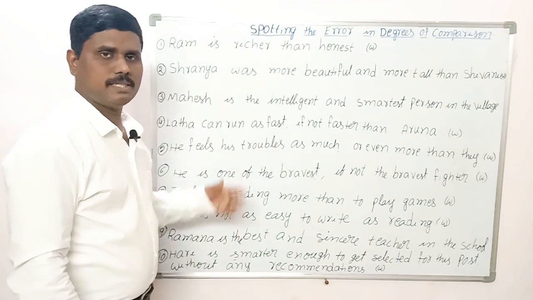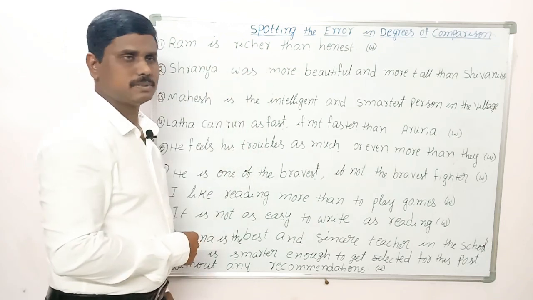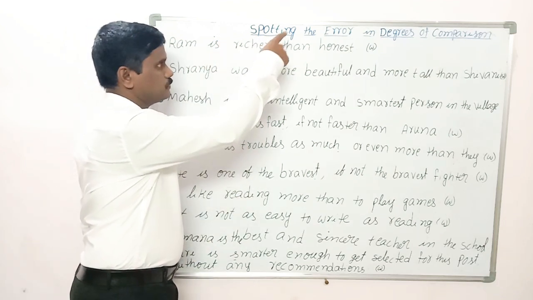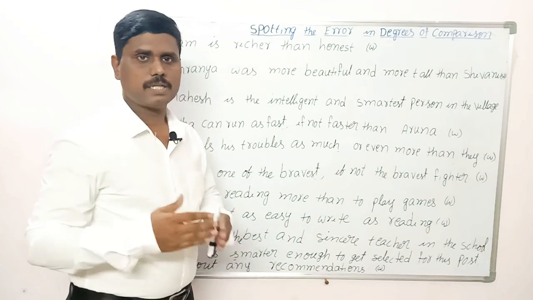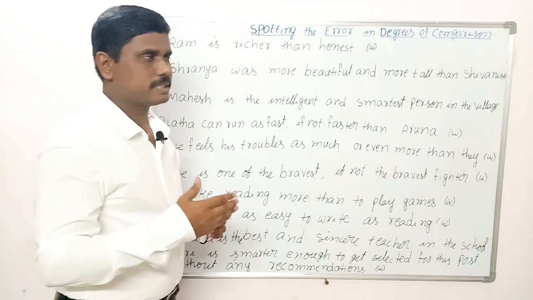Now let us see. In the examination, they will give one sentence in this manner. The sentence is divided into 4 parts and you are asked to find out the error part, spotting the error.